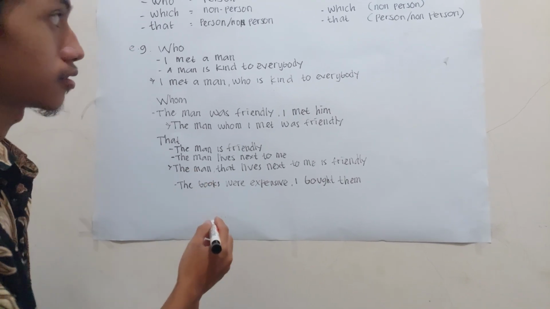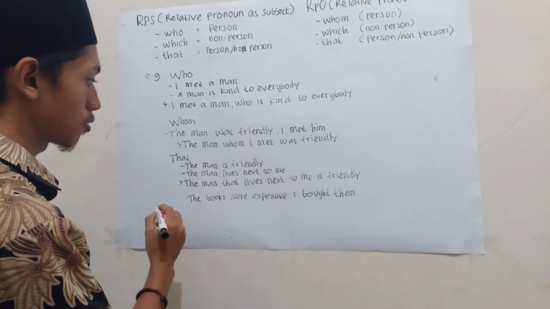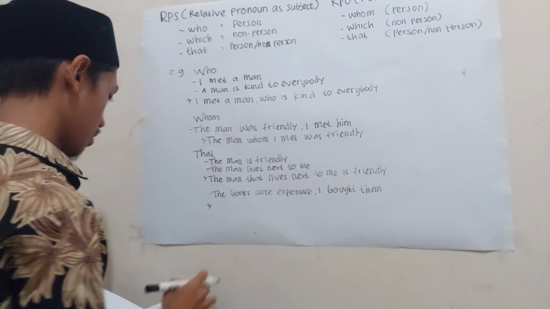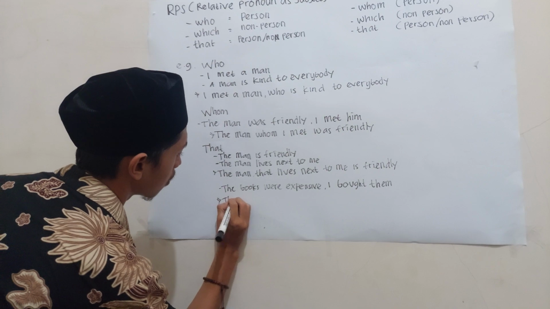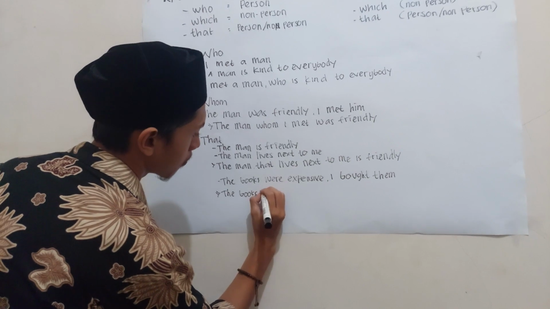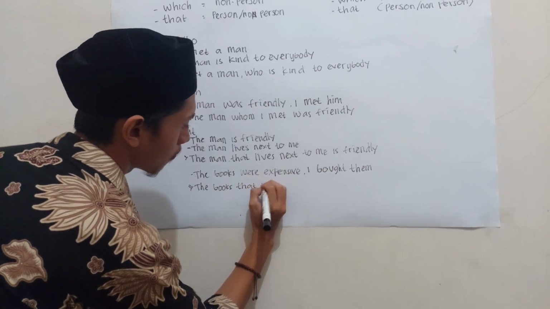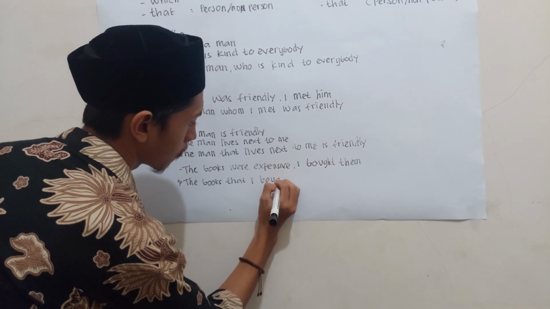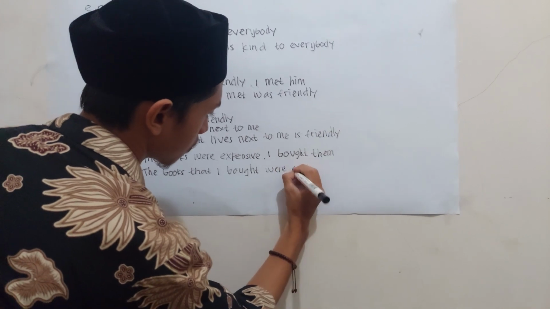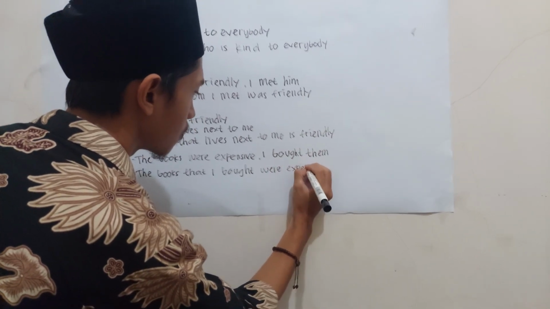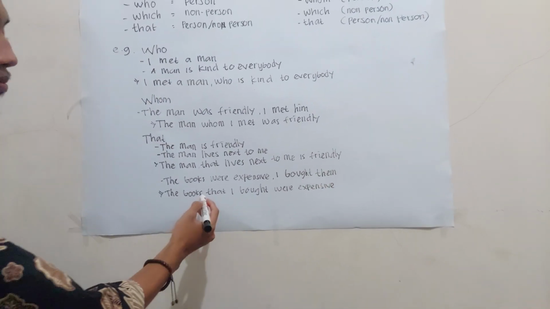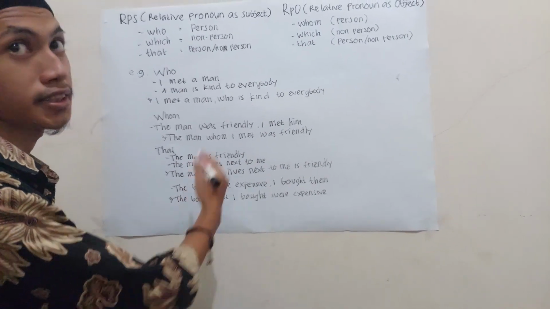We can use that because the books are things, so we can combine them like, the books that I bought were expensive. That refers to books, and the books are things.